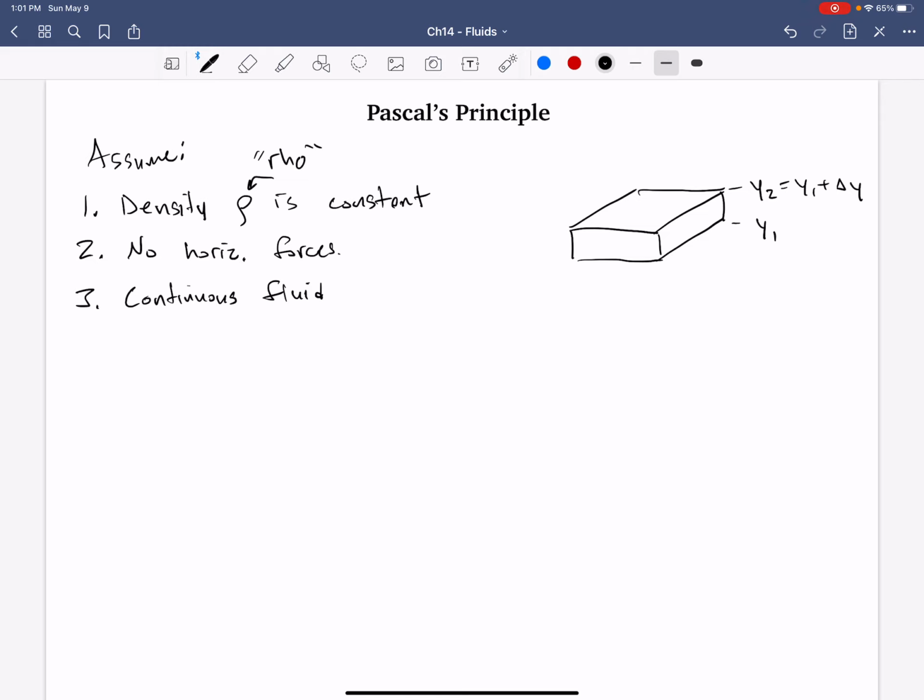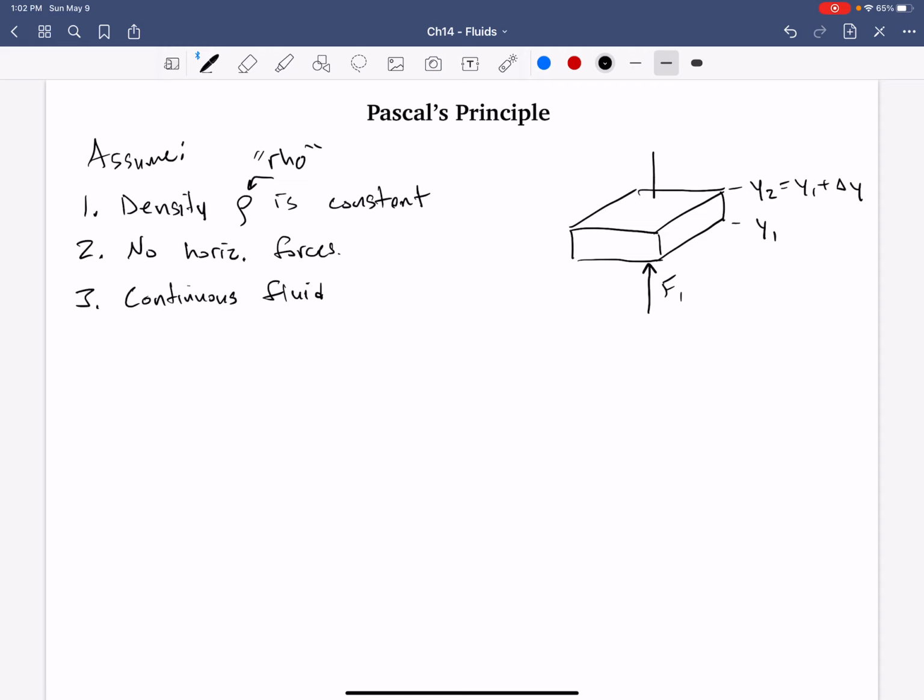So that means that there's a pressure pushing up on the bottom surface of this volume. Let's call that force 1 for right now.